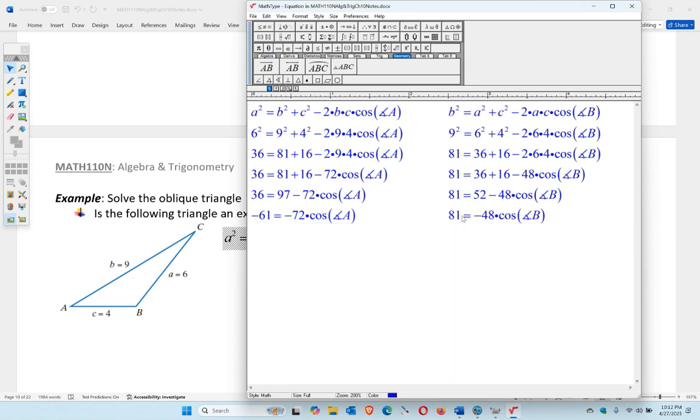If I subtract 52 from 81, that leaves me with 29. Then I can divide by negative 72 on this side, and on this side we're going to divide by negative 48.